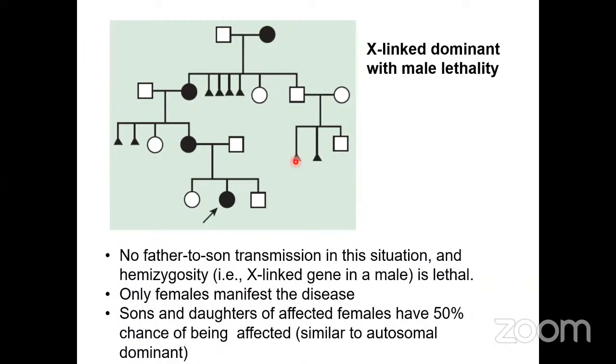So here again, no father-to-son transmission. All the affected males are deceased. It's lethal. Only females manifest. Okay. The only living males are unaffected. Sons and daughters of affected females have a 50% chance of being affected, similar to the autosomal dominant.